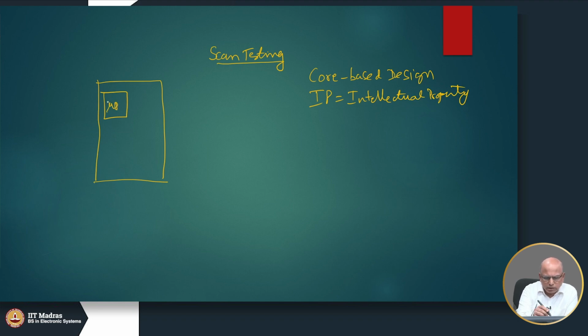There could be a memory, and there may be various peripherals, a USB controller, a Bluetooth controller, so many different peripheral controllers may be integrated. As you can see, each of these is a sequential circuit.